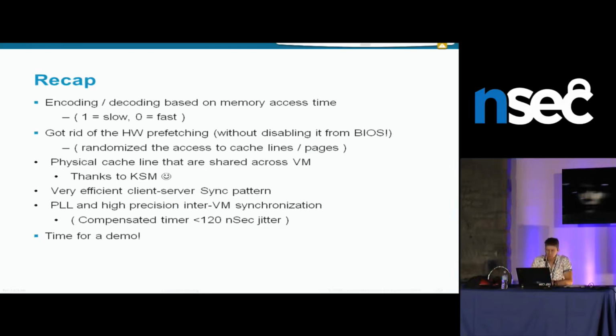The cache has an associativity level, so if we don't use KSM, we can still rely on cache associativity to do the encoding. It takes a bit more CPU, but from the results I have, it doesn't make a whole bunch of difference. We have a very efficient way to synchronize the client and the server: a phase lock loop that maintains the phase and the inter-VM synchronization, less than 120 nanoseconds apart.